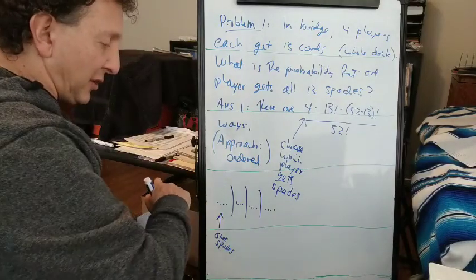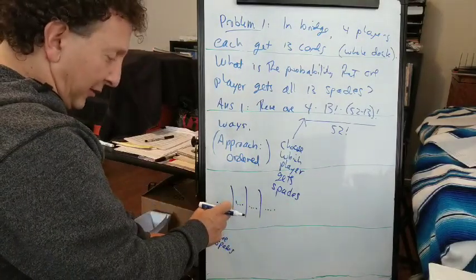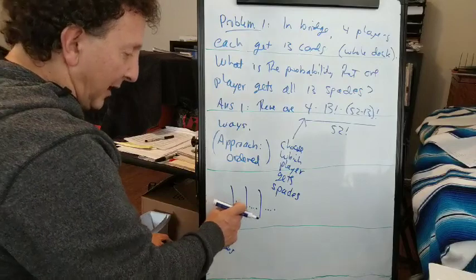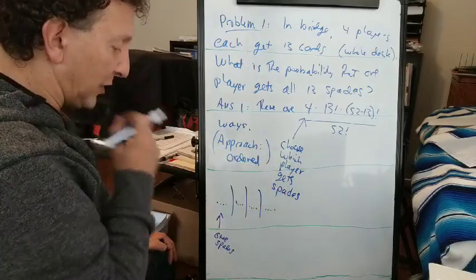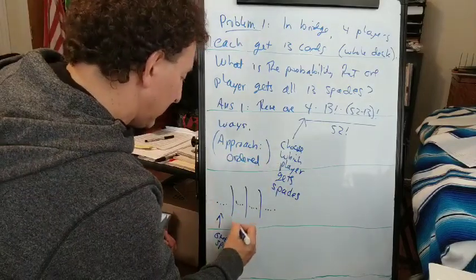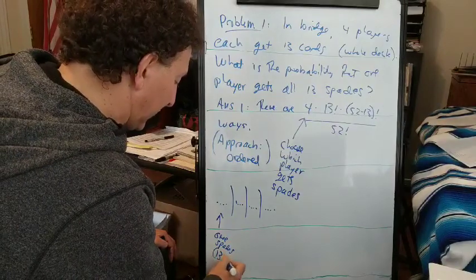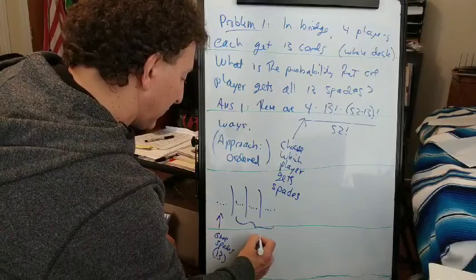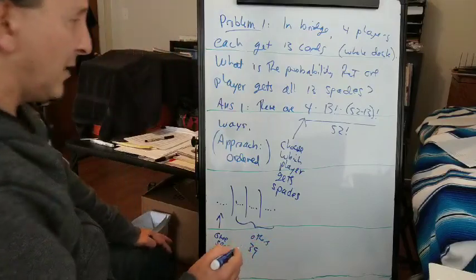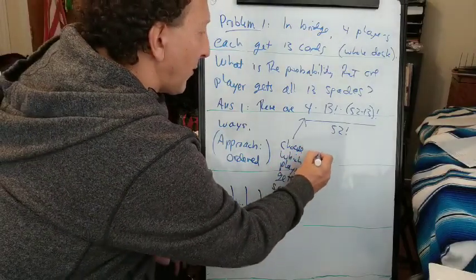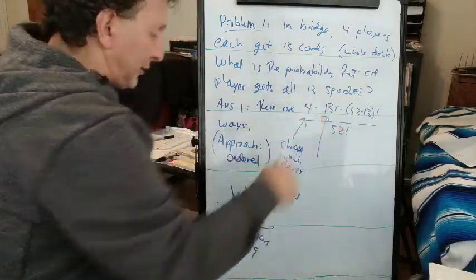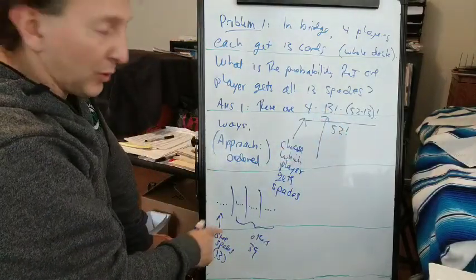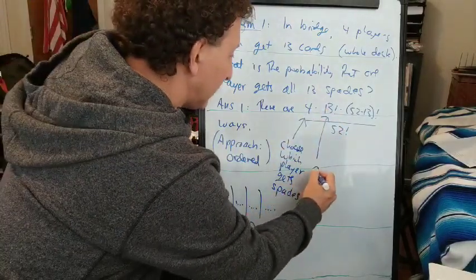And we'll have a permutation of all 52 cards. The first 13 cards are going to be spades, and then the next 39 cards are going to be everything else. So 13 cards here, 39 to everybody else. The 13 factorial is to give the spades in order to the player getting the spades.